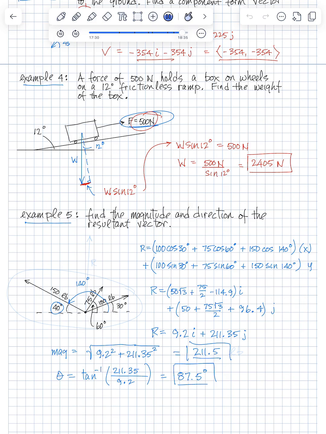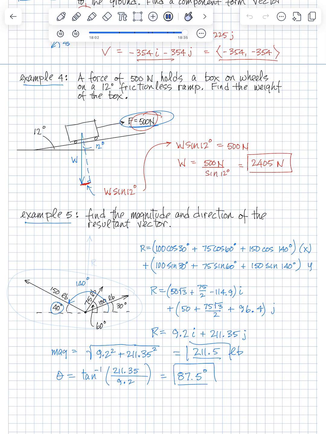If we were to draw this in, that's the last thing we're going to do. So it's 87.5 degrees, almost 90 degrees, and a little over 200 pounds. So this is pounds. Now if I'm going to draw it from the origin, it's somewhere kind of like, let me try it again.